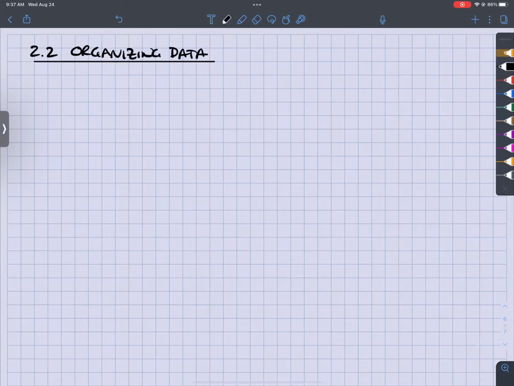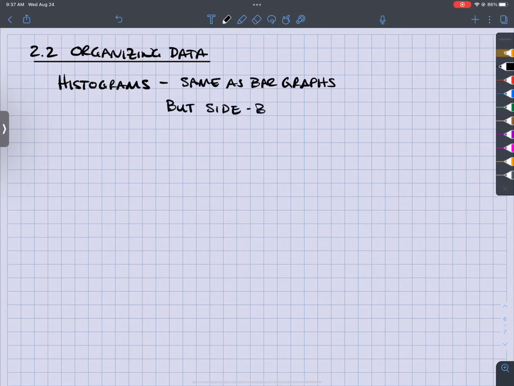Still the same title. So in other words, it's just bar graphs, but they're just connected together.